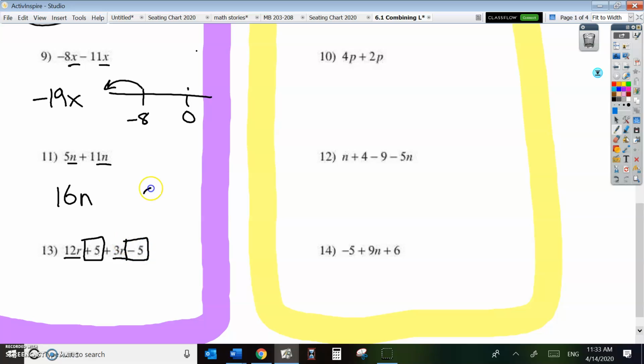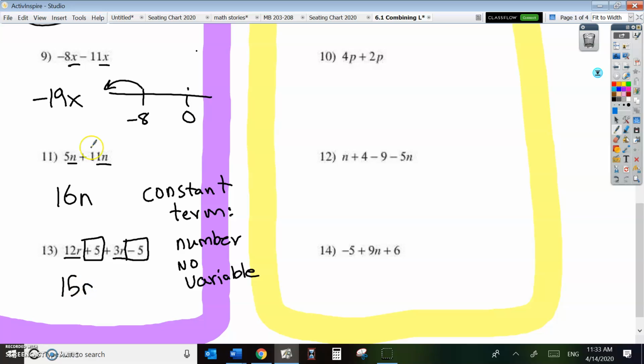A constant term is when you have a number, no variable. Okay, so you've got 12r and 3r, so that's 15r. Plus 5 minus 5, they cancel each other out.